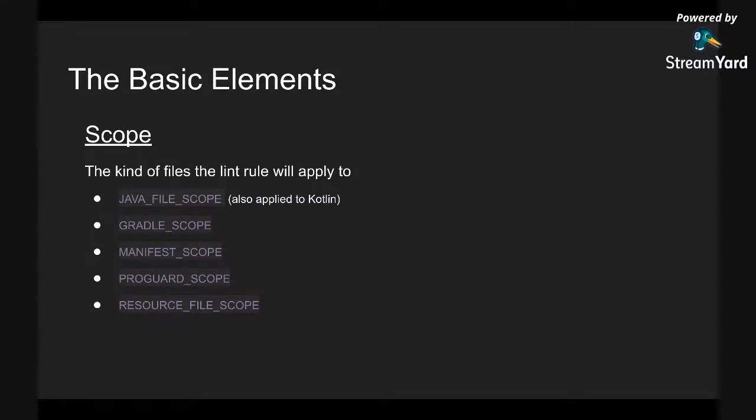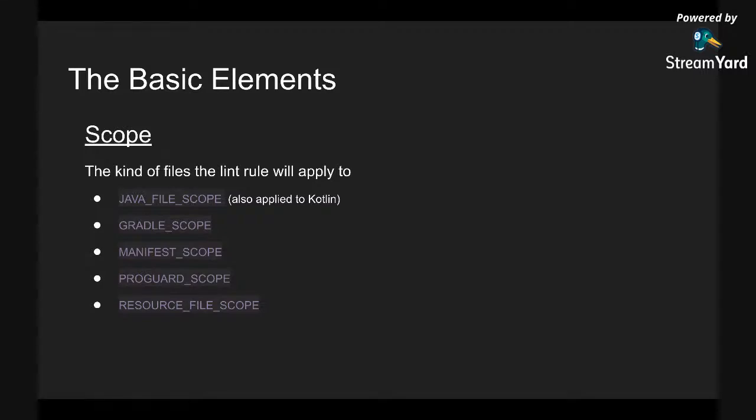There are other scopes as well, which can be used to combine two scopes. So if you want something that runs on two particular scopes, there might be a third scope defined by lint, which is a combination of those two. And since the lint API was made when Kotlin really wasn't part of the Android ecosystem, there is still only a Java file scope, but this also applies on Kotlin files as well.